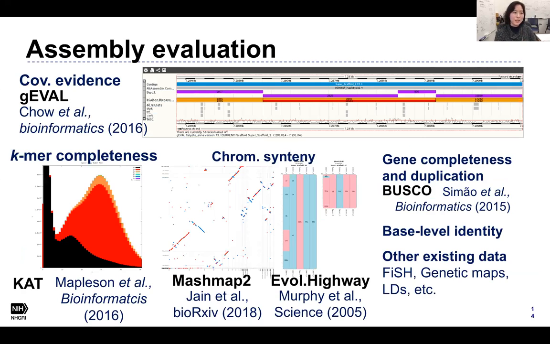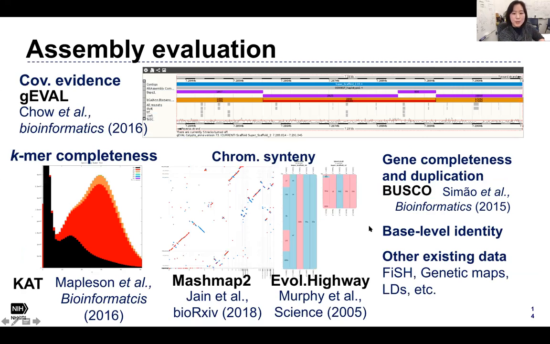The GEVAL team at the Sanger are aligning all the raw data types back to the assembly to see if there is some alignment weirdness going on and to detect misassemblies. They also scan whether there are contaminations and try to get rid of those sequences.